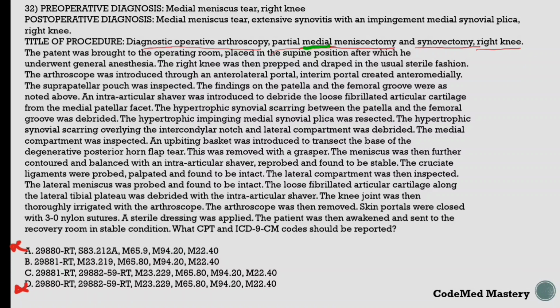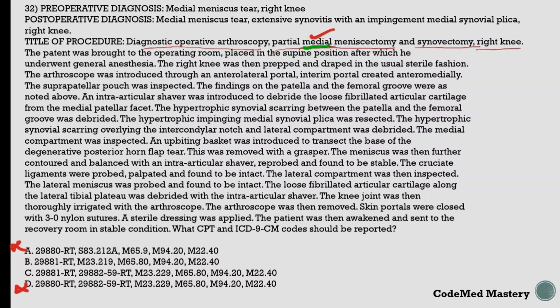Let us check the code 29881. That is correct. That is for arthroscopy with meniscectomy, medial or lateral. So to code 29881, you must have medial or lateral. Any one is enough. So in our case, medial is present, right? So 29881 is correct. Let us check the next code in option C, 29882. 29882 is with meniscus repair.